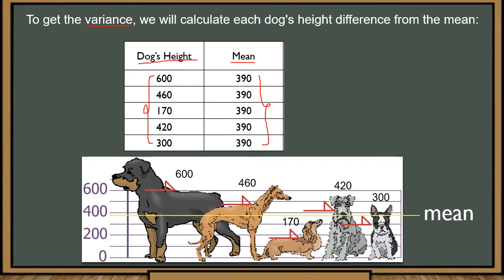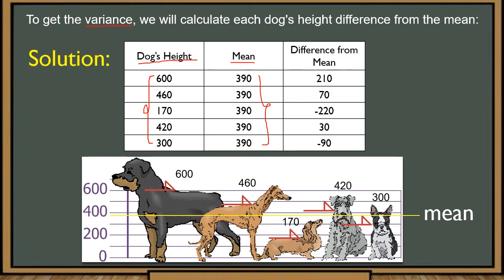We're going to get the height difference from the mean. How do we do that? We simply subtract the mean from the height of the dog. Take note, difference from the mean. We're going to subtract 600 minus 390, which is equal to 210. 460 minus 390 is equal to 70. 170 minus 390 is negative 220. 420 minus 390 is equal to 30.